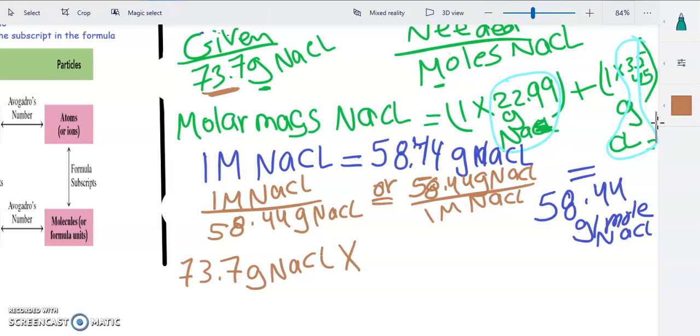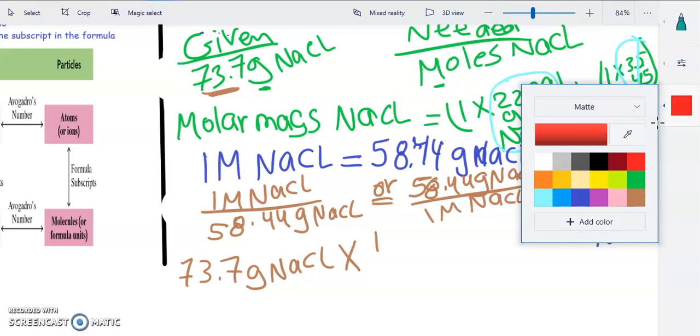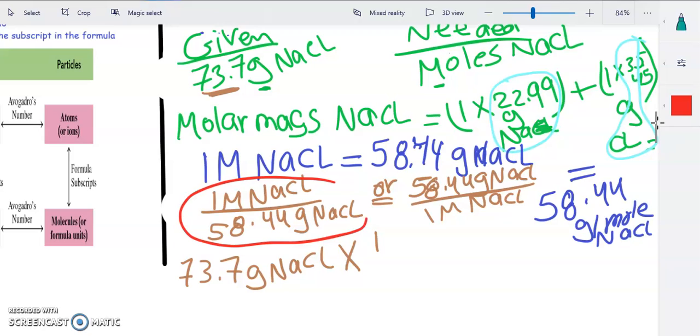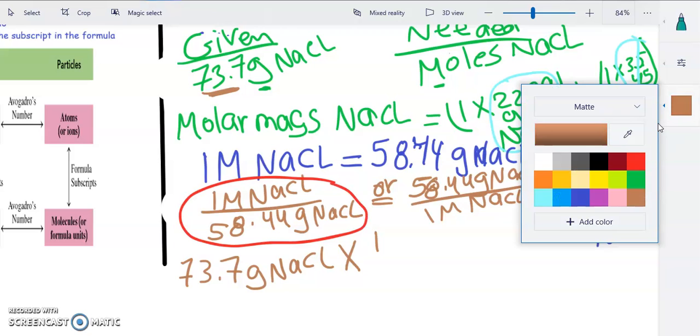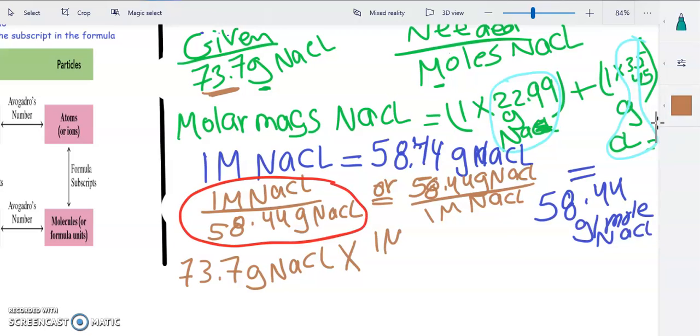Times, we need to get rid of gram NaCl, so I will just use that one here: times 1 mole NaCl divided by 58.44 gram NaCl.